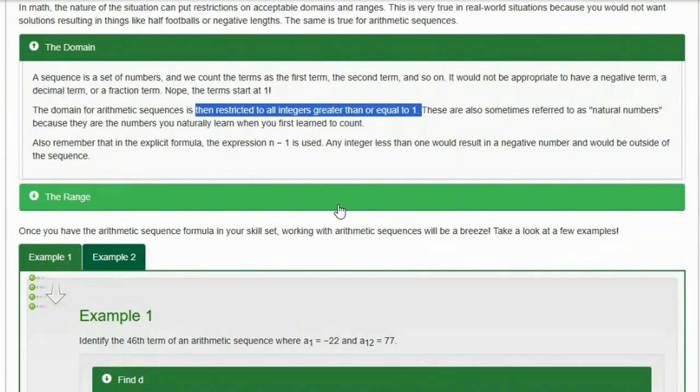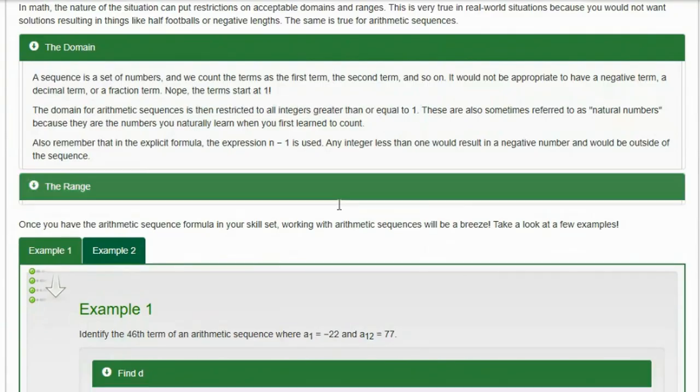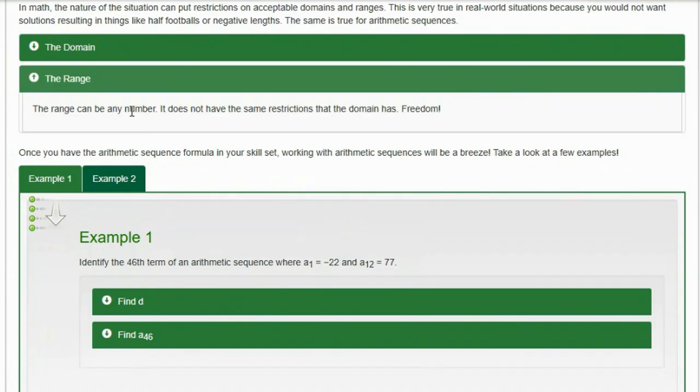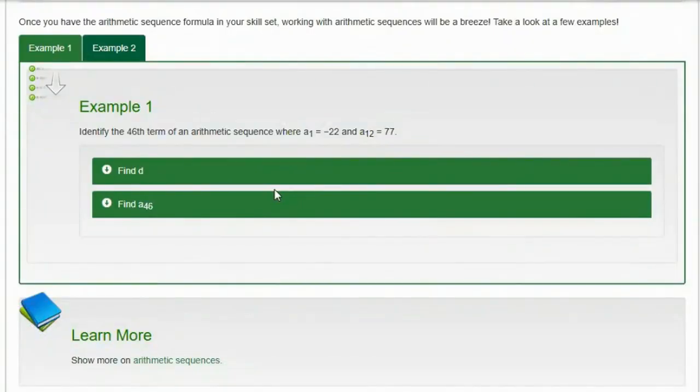That's going to depend on each sequence. It can be any number. It doesn't have the same restrictions, right? Just depends on the sequence. But the range is only going to be the terms of the sequence. In the 2, 5, 8 sequence, 6 is not included, 7 is not included, only 5 and 8. So it will not include every number.